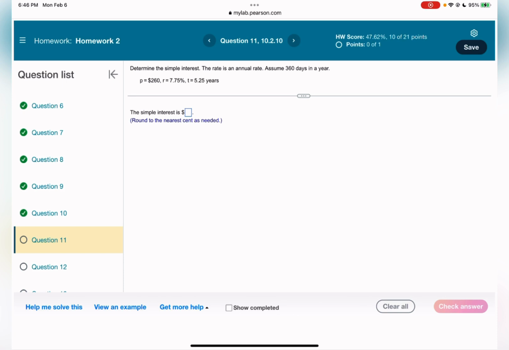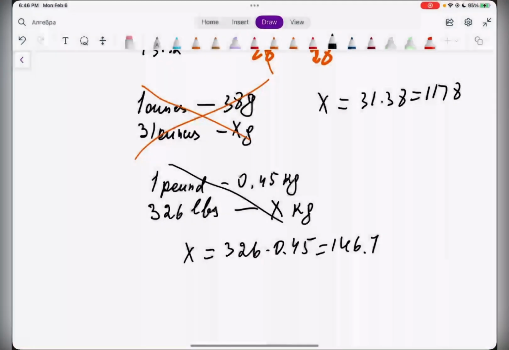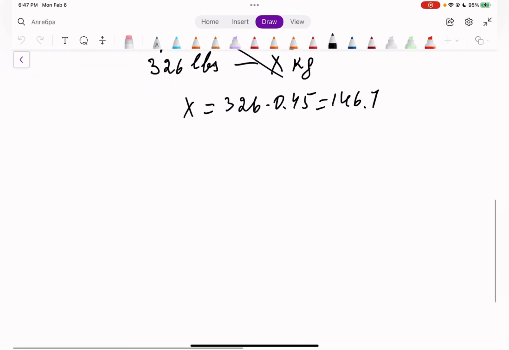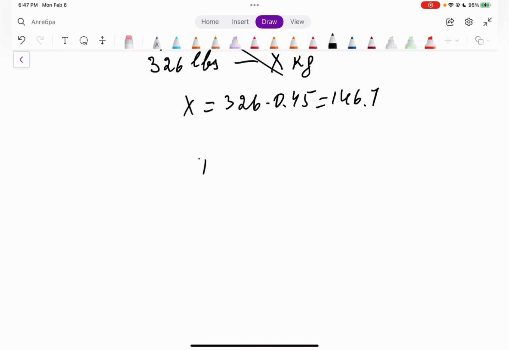It's a fixed interest, and the formula is I equals P R T. I is the interest that you are going to pay.